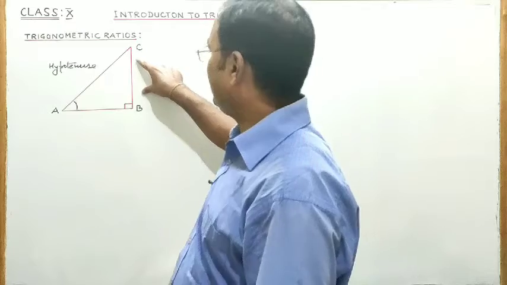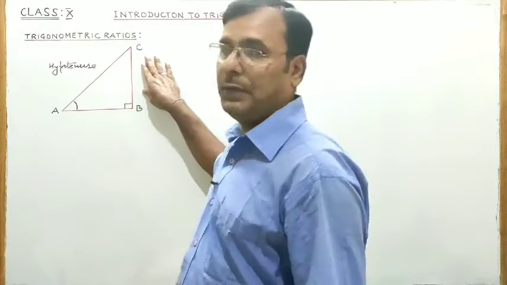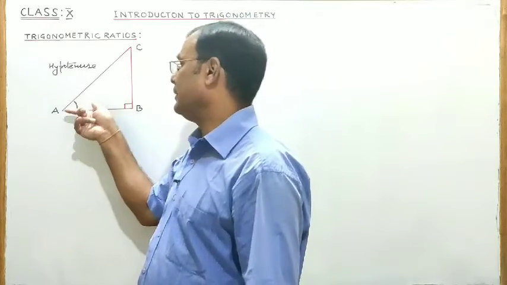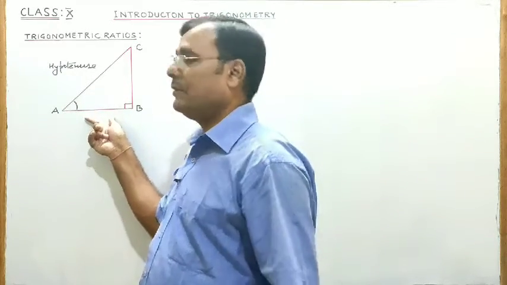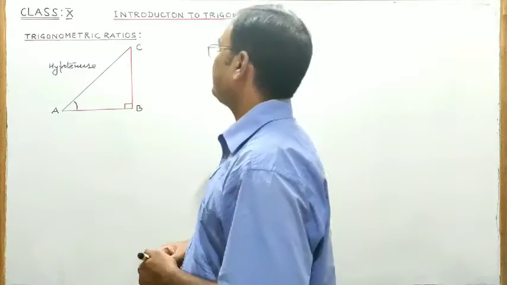So BC, side opposite to acute angle A, we may call it perpendicular, and side AB adjacent to angle A, we may call it as base of the right angle triangle.